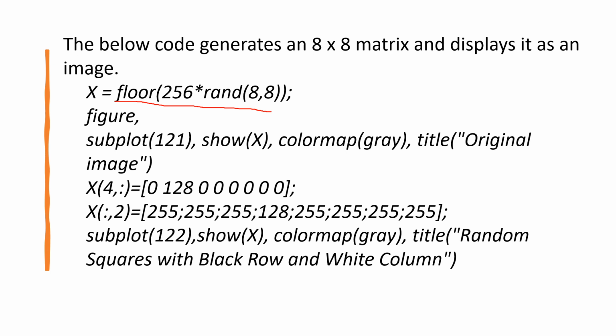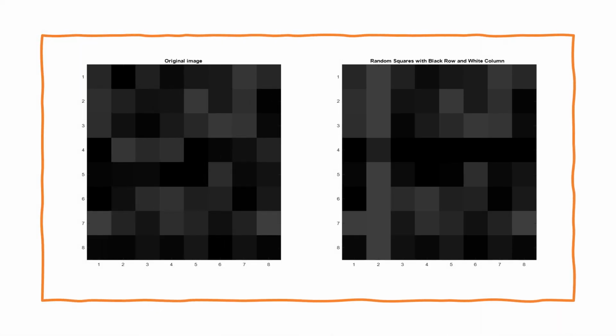We can even modify it. So we are making all the elements of the fourth row 0 and all the entries of the second column the maximum intensity value, except for the entry (4, 2), which we are making 128. By plotting, we get these two images.